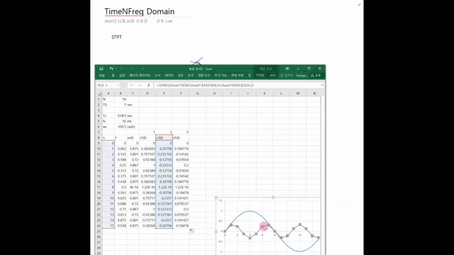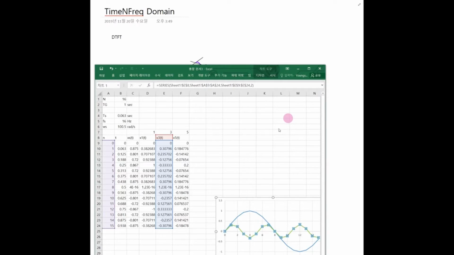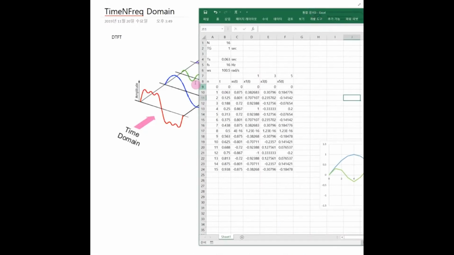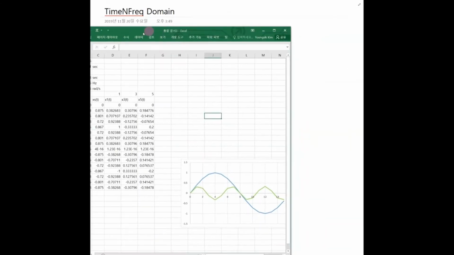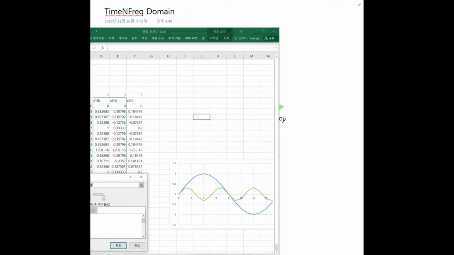I'd like to change this color to green. That is the green one, and the last is the fifth harmonic.